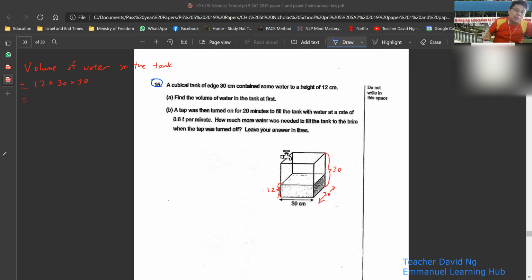Okay, in the exam, 12 times 30 times 30, please ask the calculator. No matter how good your mental calculation is, right? 12 times 30 times 30, please ask the calculator.